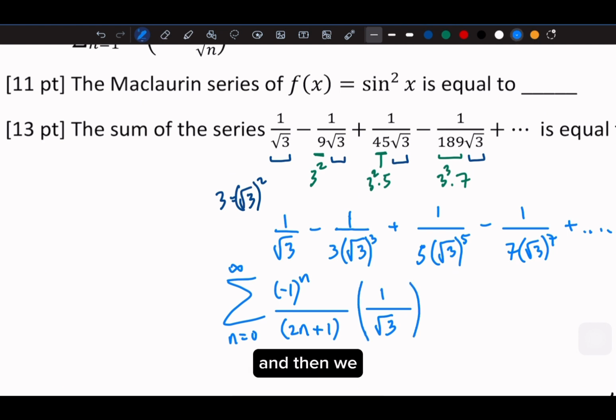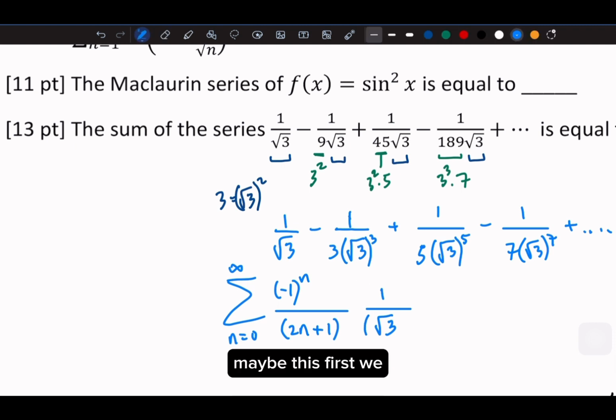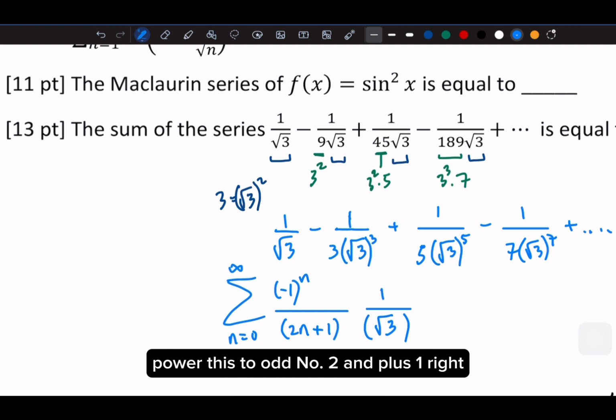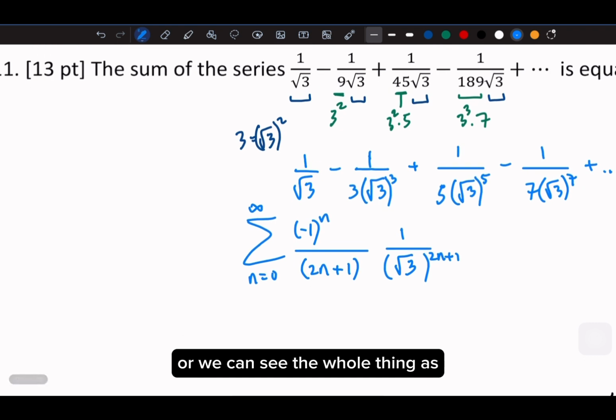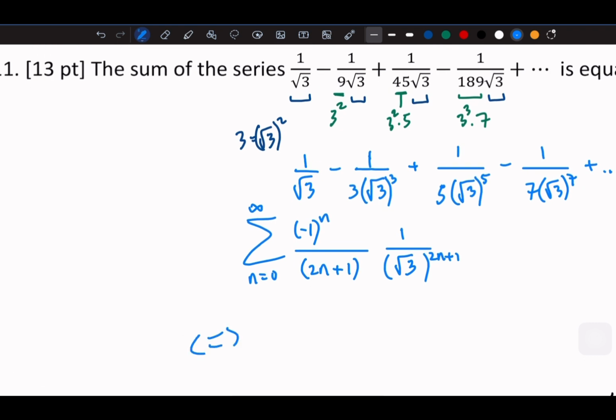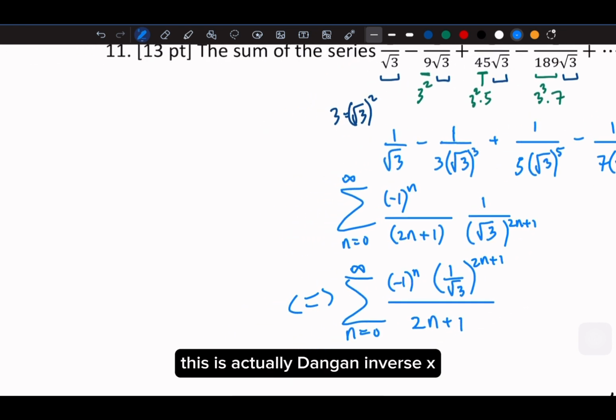And then, or maybe let me write, maybe this first. We power this to odd number, to n plus 1, right? Or we could see the whole thing as this is actually tangent inverse x.